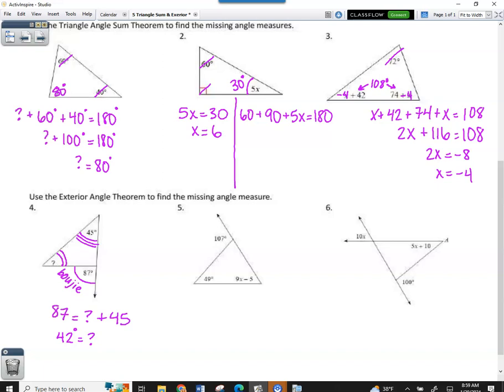All right, let's try number 5. Find the bougie angle on the outside. Which one is it? 107. So I'm going to draw an arc and I'm going to label it bougie. The bougie angle equals the sum of the two interior angles. So that would be this one and this one. So let's set it up. The sum of the two interior angles.